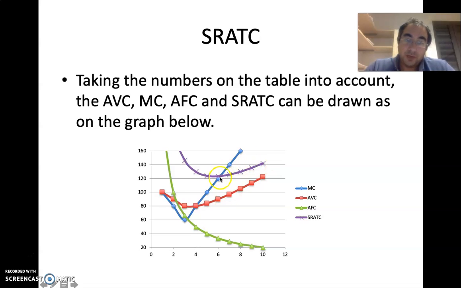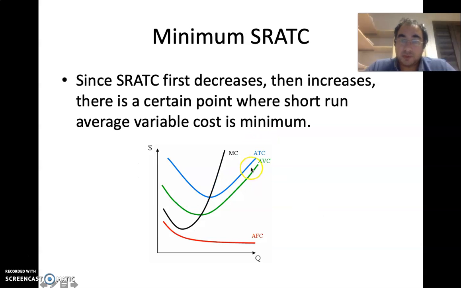So after you pass this point, when you produce more, your short-run average total cost will continuously increase. And especially when you produce a lot more than the cost minimizing point, you will be increasingly at a disadvantage.